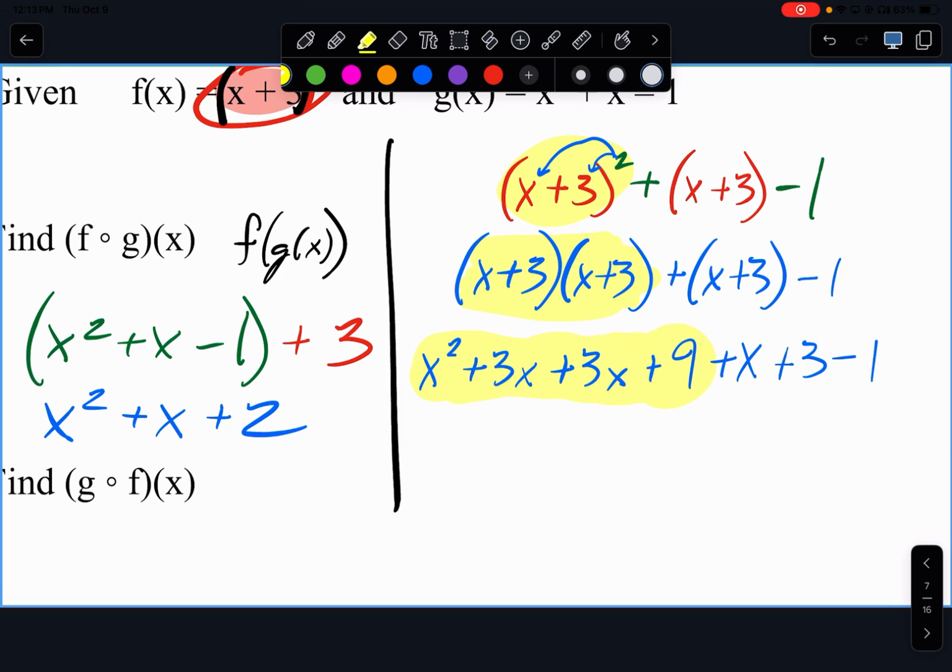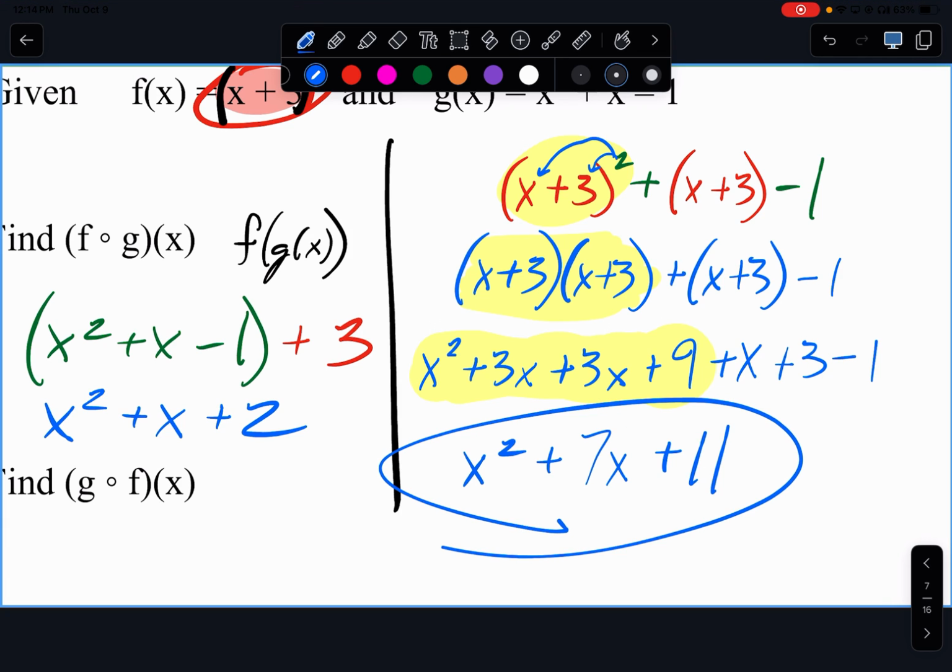You feel okay about the highlighted part? Now we just combine like terms. So we end up with x squared, and then plus 3 plus 3 is 6, plus 1 more is 7x, and then 9 plus 3 is 12, minus 1 is 11, so plus 11. That's our final function.